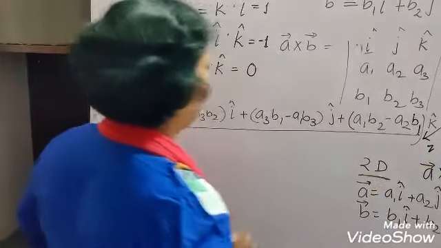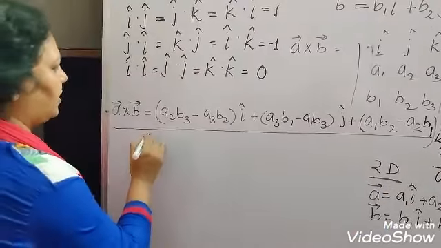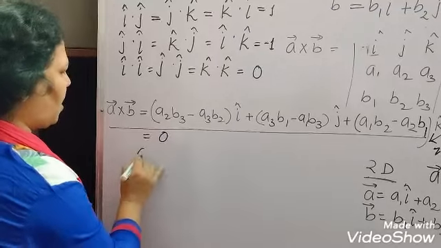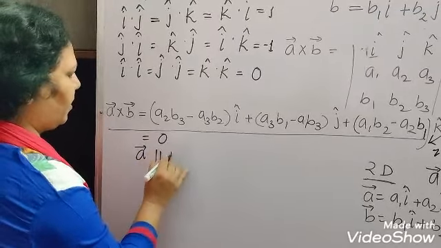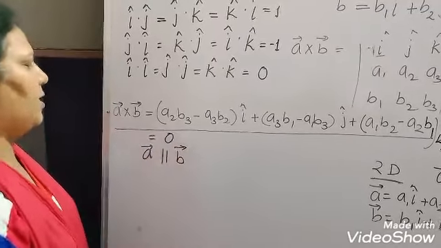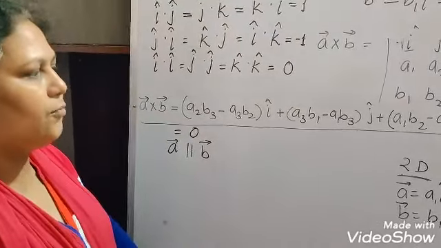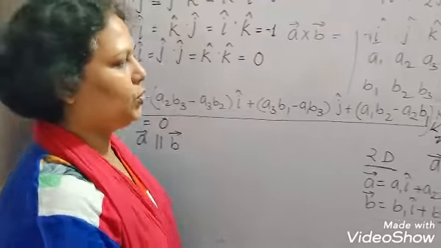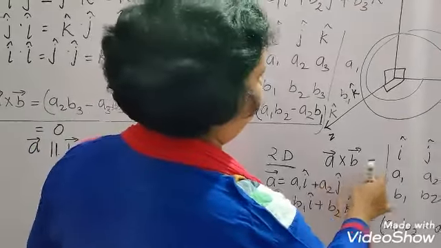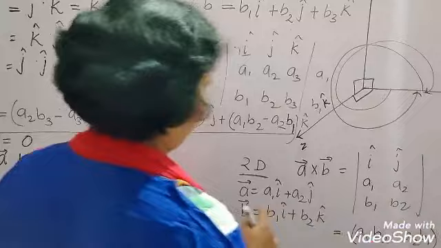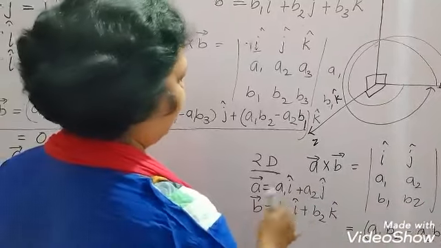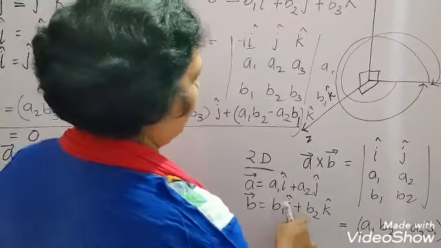So this will be the resultant. This way we will calculate, and if this resultant is coming 0, vector A is parallel to B. Now look at the 2 dimension case. In 2 dimension, this is A cross B. We will write only i and j, because A is a1 i and a2 j, and B is b1 i and b2 j.